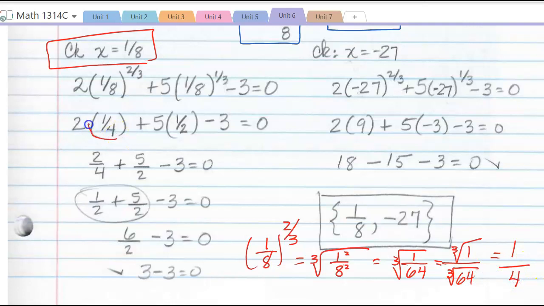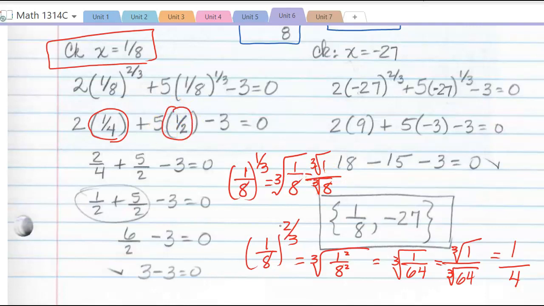And that's where this 1/4 came from. I do the same thing for 1/8 to the 1/3 power. That means the cube root of 1/8, which is the same thing as the cube root of 1 over the cube root of 8, and that's where we get 1/2.